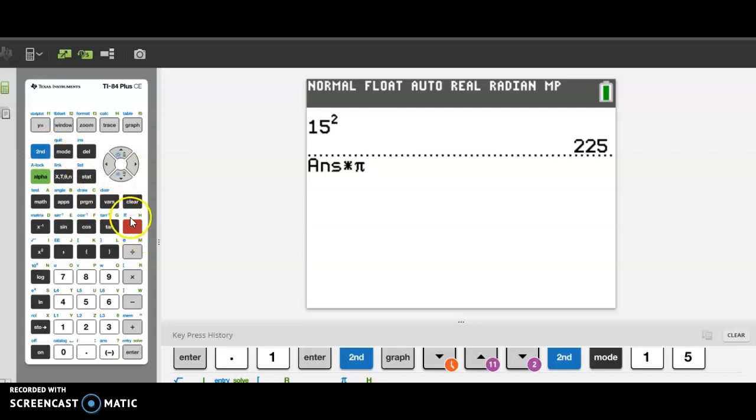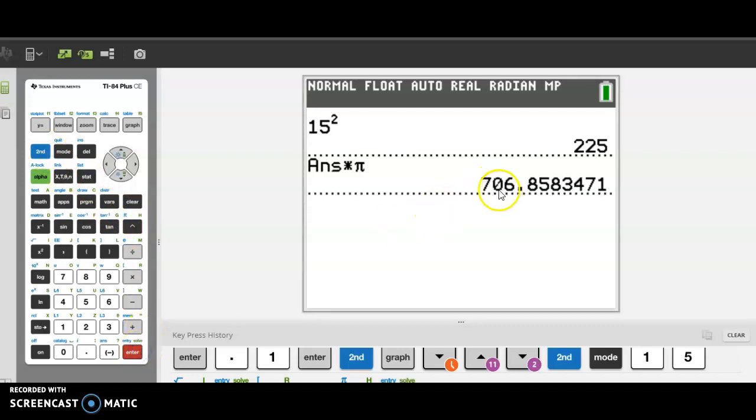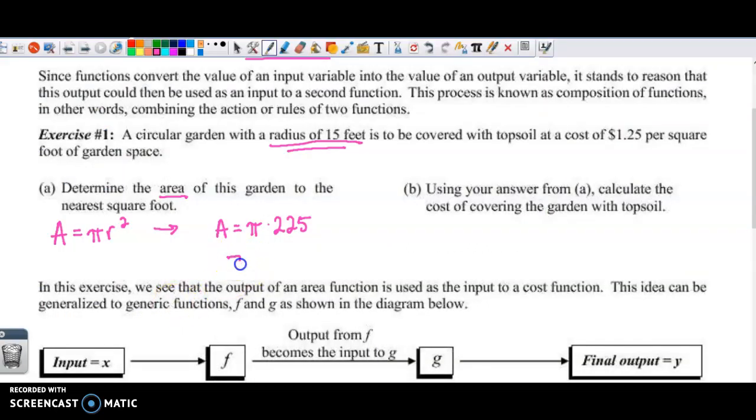You hit second first to access all the blue keys. So about 707 square feet. Let's write it that way, but I really care about the 707. So that was good. That was fun.